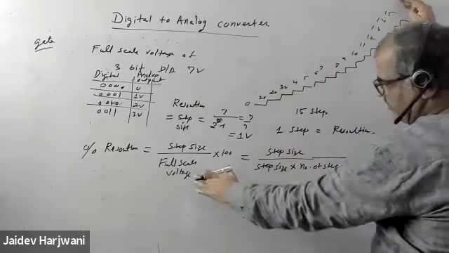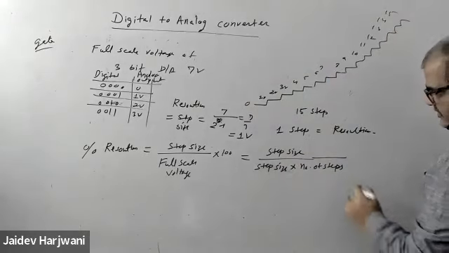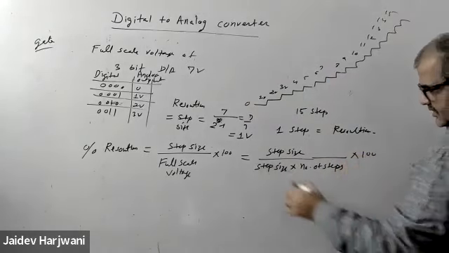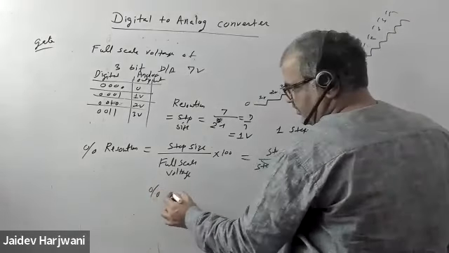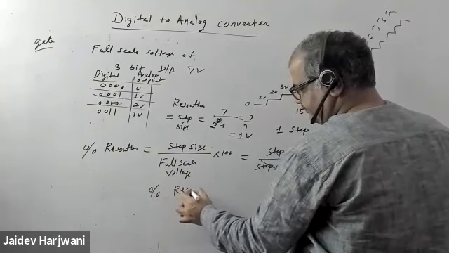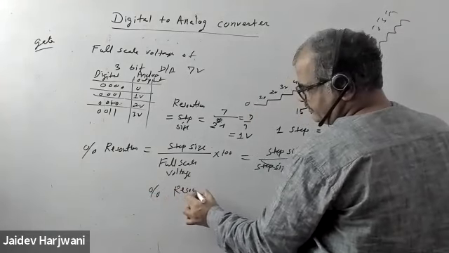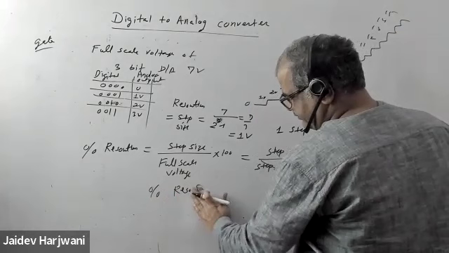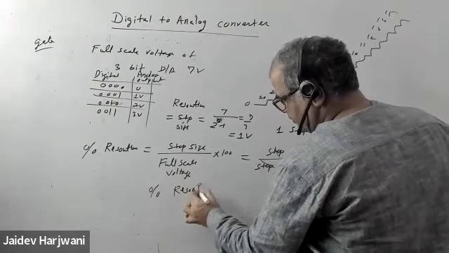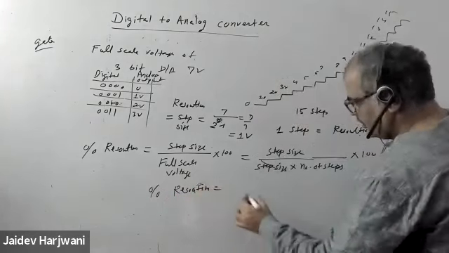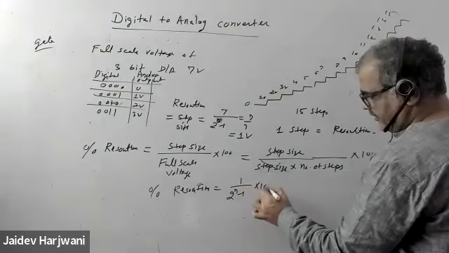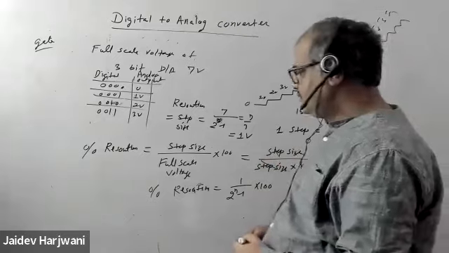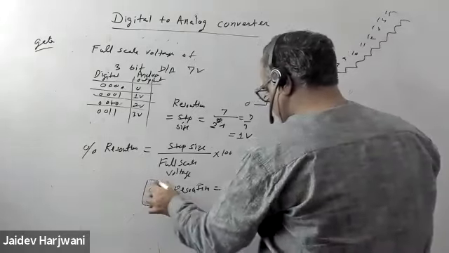So full scale voltage equals step size into number of steps. The step size cancels, so percentage resolution equals 1 upon 2 power n minus 1 into 100. So this is the formula for percentage resolution.